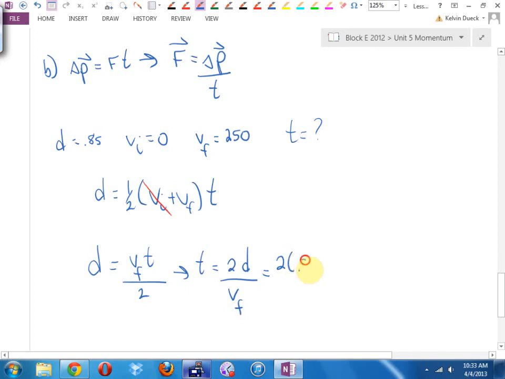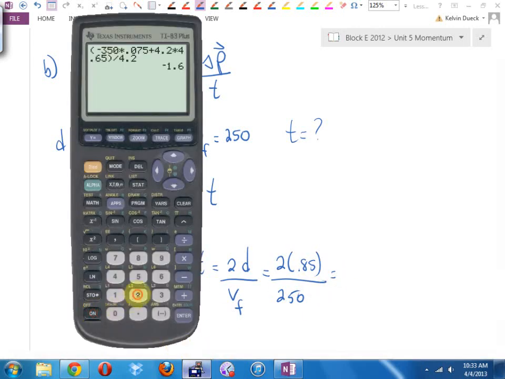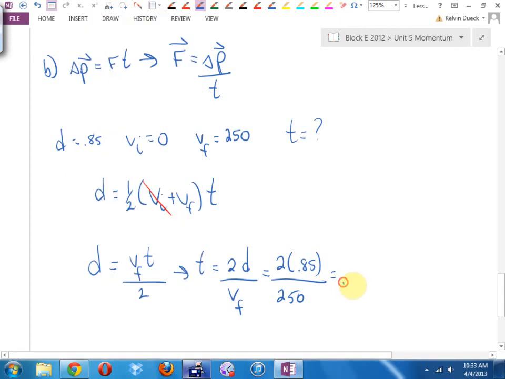2 times 0.85 divided by 250. Yeah, 250. Do that one in your head, Mr. Dewick. Okay, fine. That one's a bit beyond me. 0.0068 seconds. Is that reasonable?